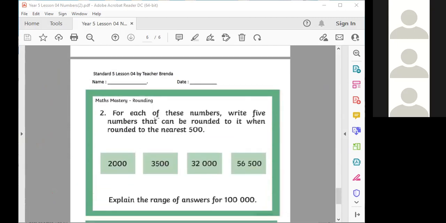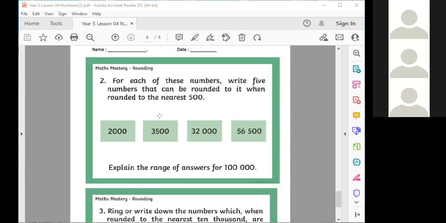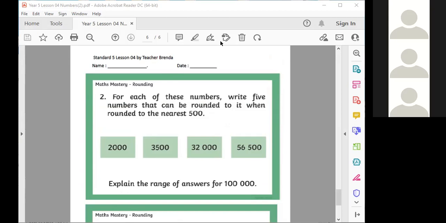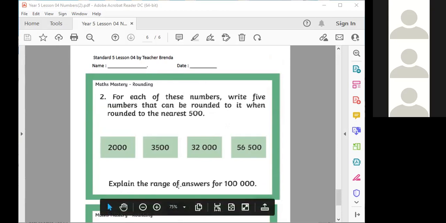All right, guys, let's go to our last part. This one, a little bit of thinking for you to do. For each of these numbers, write 5 numbers that can be rounded to it when rounded to the nearest 500. Explain the range of answers for 100,000.